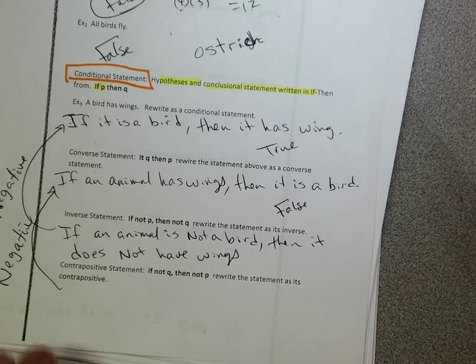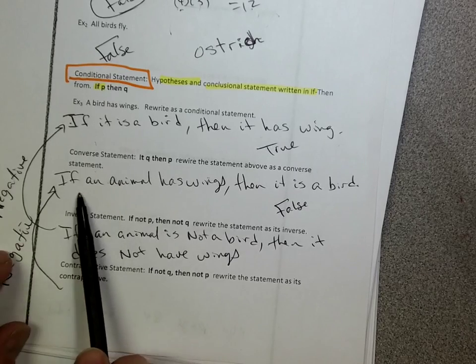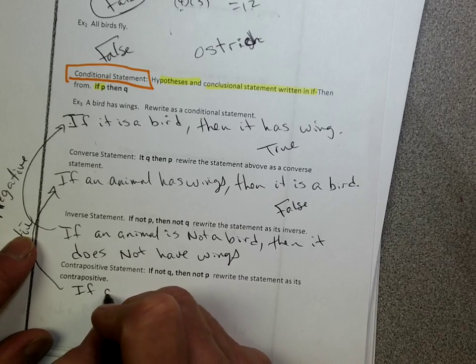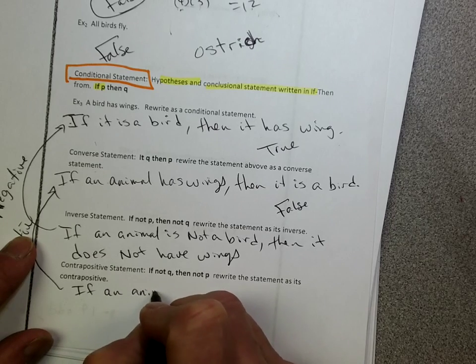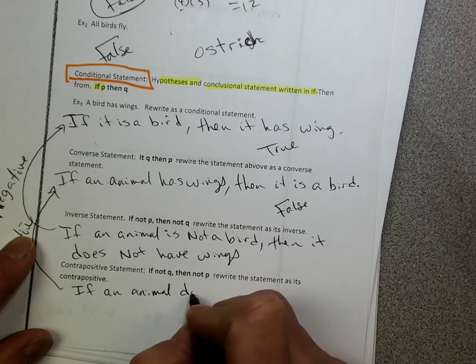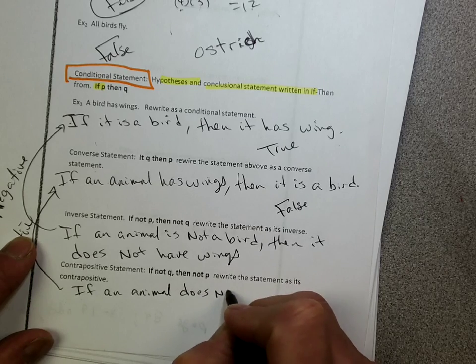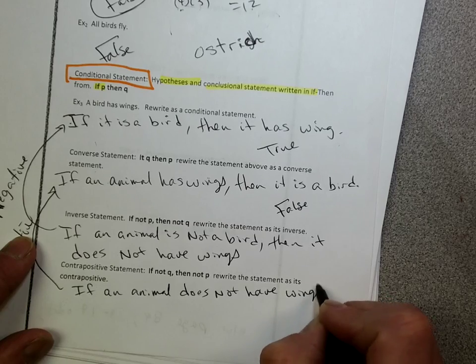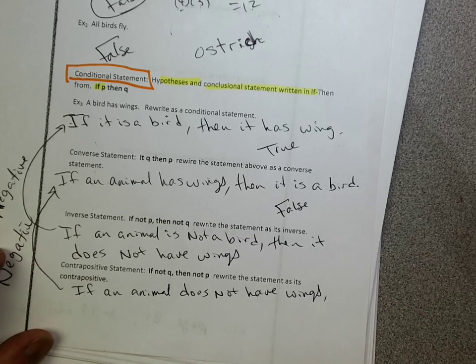So we'll take this one. If an animal does not have wings, then it is not a bird.